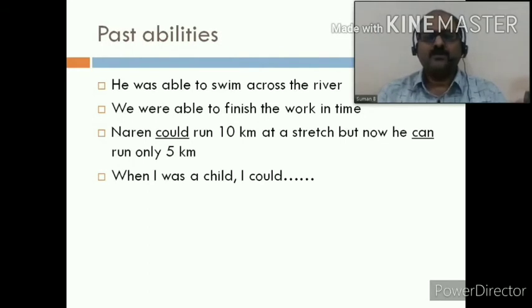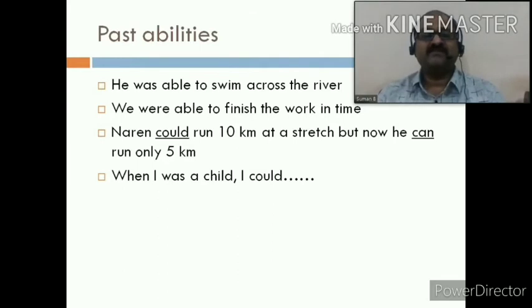Now, most of the examples so far have focused on expressing present abilities. Abilities also can be related to the past, which means you can have some abilities in the past, but maybe you don't have them now. Over time, maybe you're not doing them, or maybe because of your growing age, you may lose ability, you may reduce your ability in certain aspects.